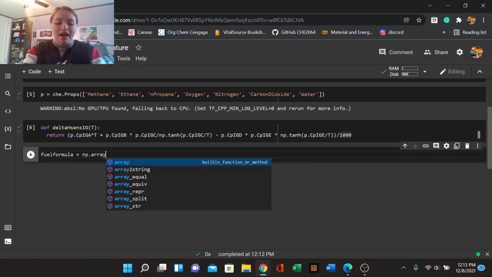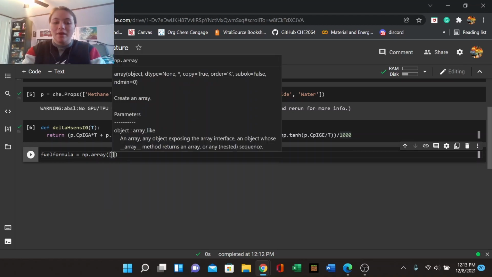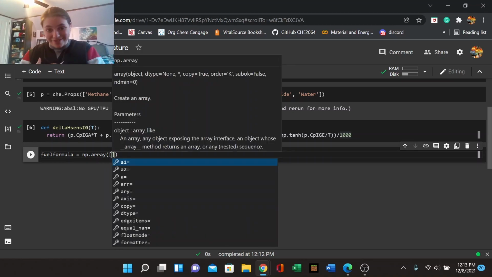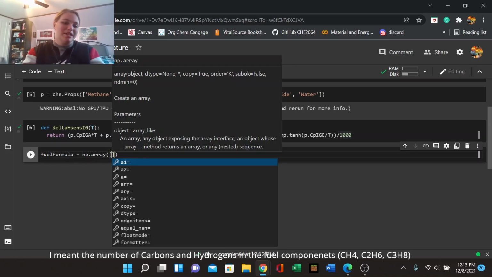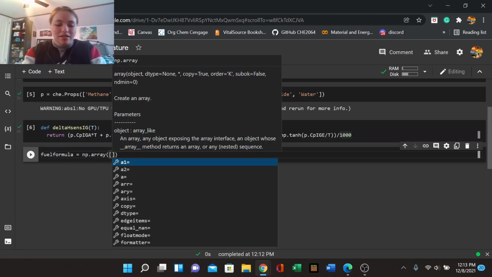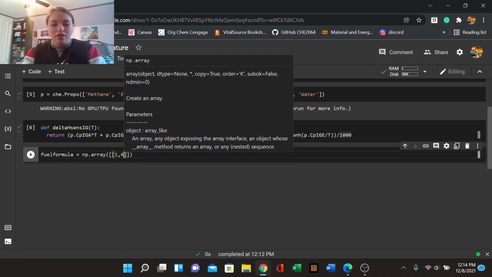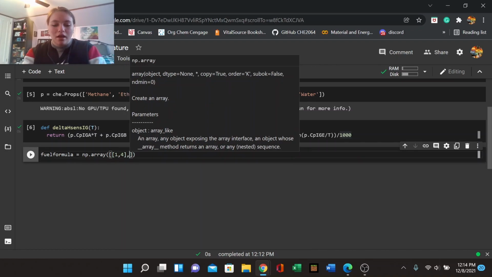These are the values that I was given by my professor. Oh wait, no, never mind, that's N fuel. This is just putting in our coefficients for what we did with the balanced equation. So that's going to be parentheses, what was it? It's 1, 4, end bracket, comma, enter.